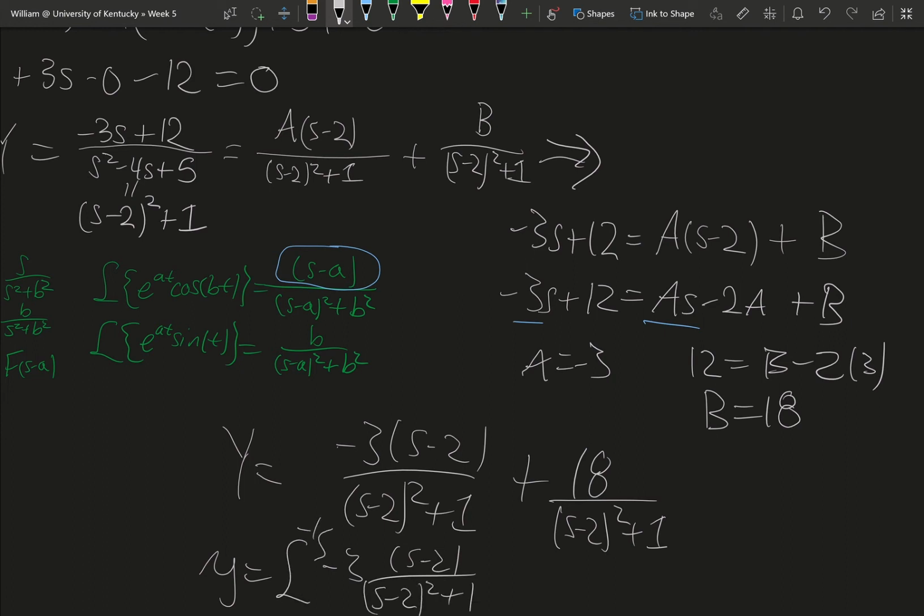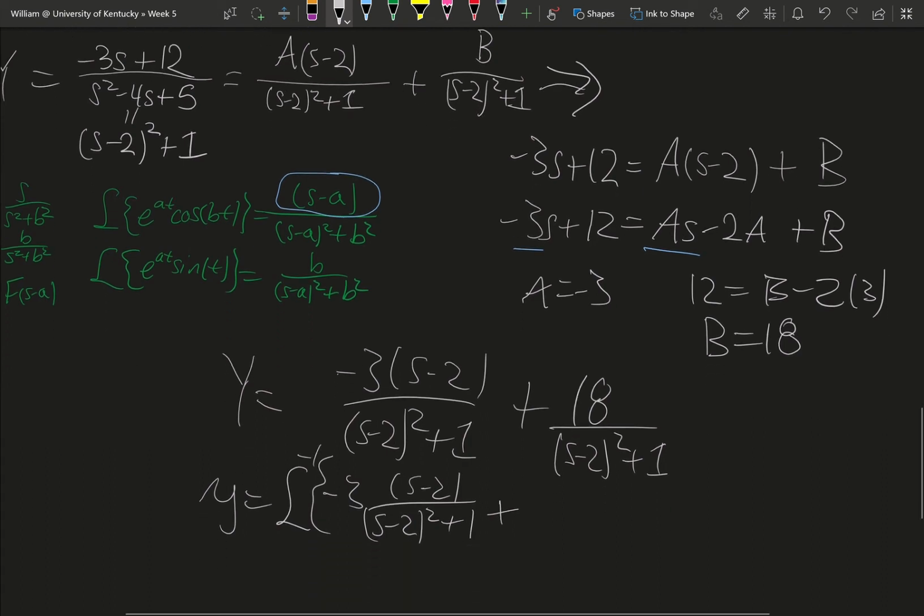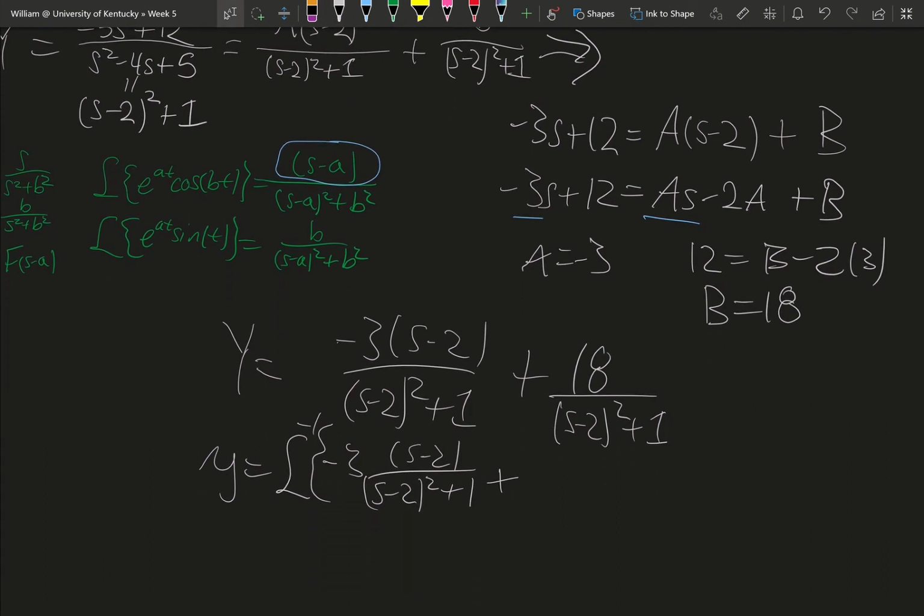So now we're taking the inverse Laplace transform. Remember here, we don't actually have to put b, this is a bad example to bring up b because b is 1. So we can just pull out that 18. We get negative 3. Remember what this means.